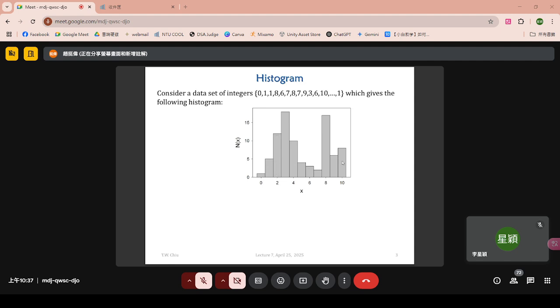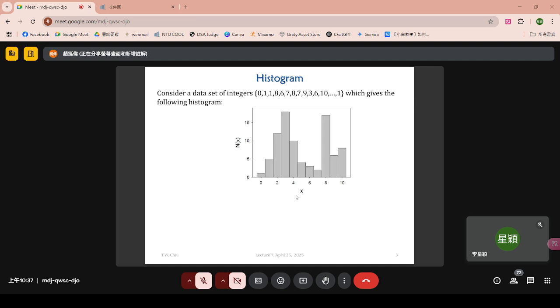So this is a histogram: the frequency, the number of x as a function of x. Given a data set, I just want to know how many of them have this particular value x.